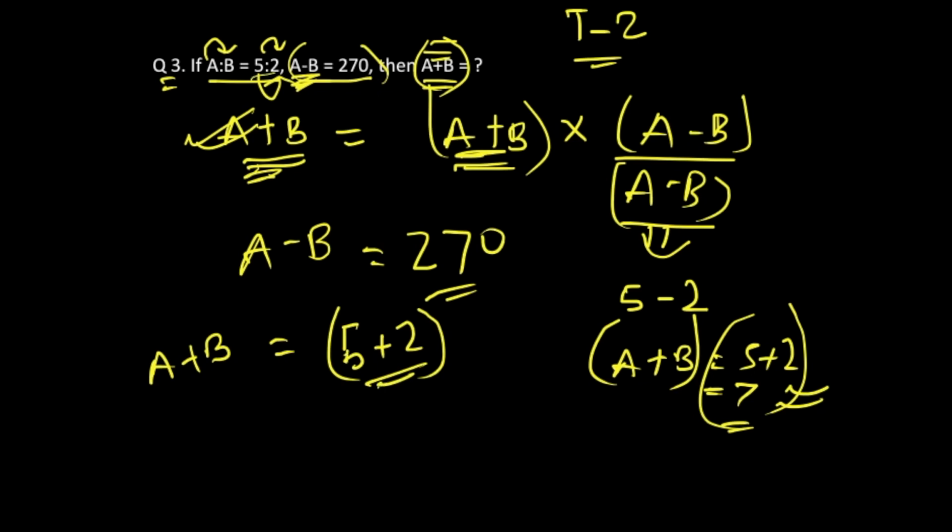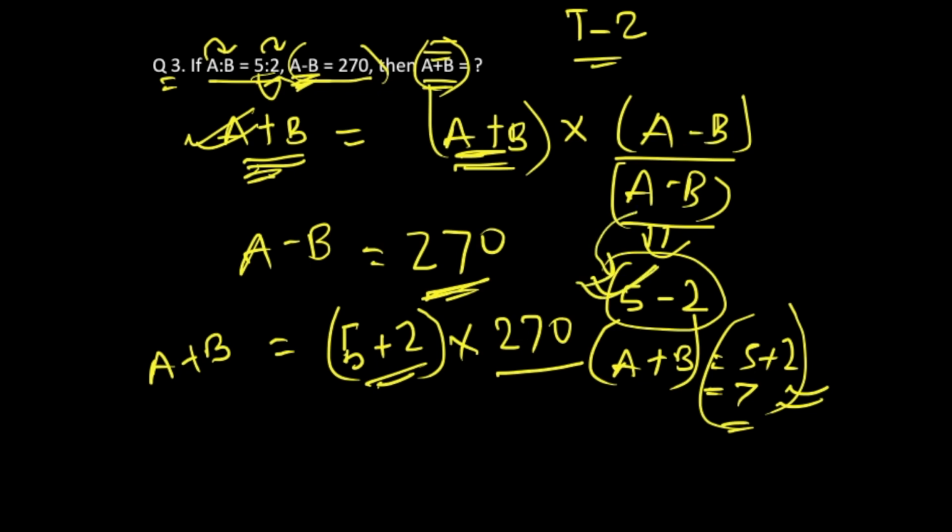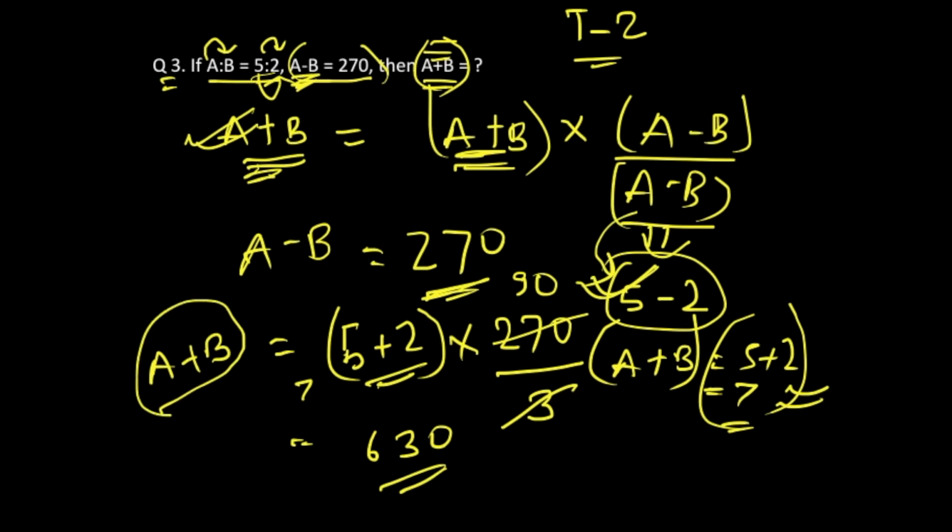We are multiplying it by 270, that is the absolute term of A minus B, and dividing it by the difference in the ratio of A minus B, that is 5 minus 2, here 3. This is 90 and 5 plus 2 is 7. 7 into 90 is 630. So this is how you get the absolute value of A plus B. And this is another type which is very commonly and frequently asked in the examination. Let's have a look at one more question.